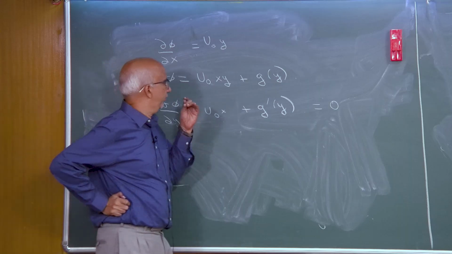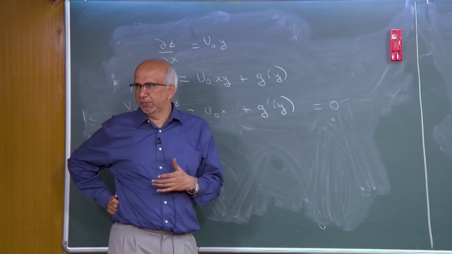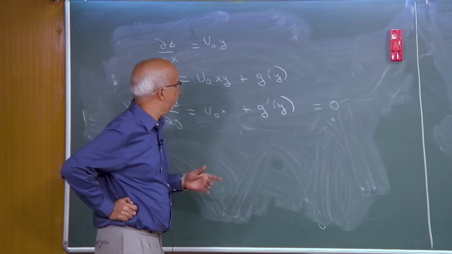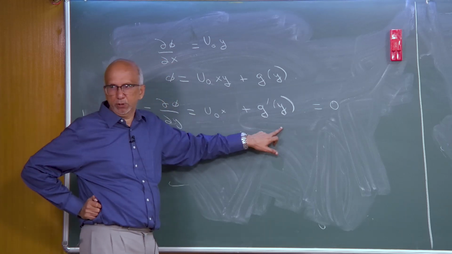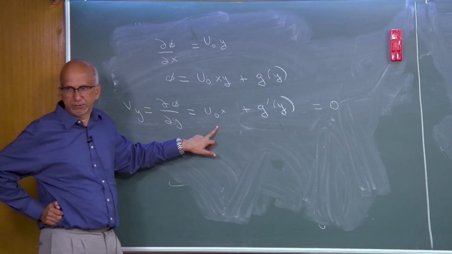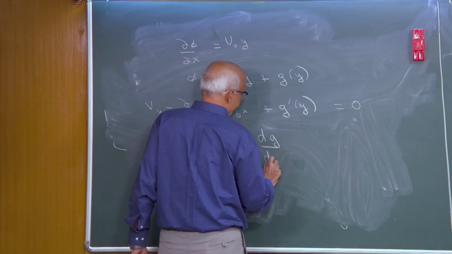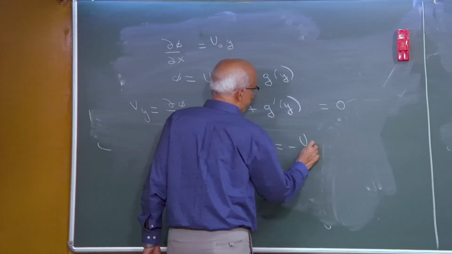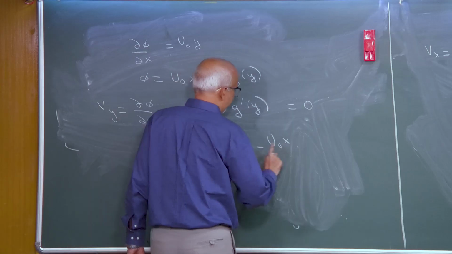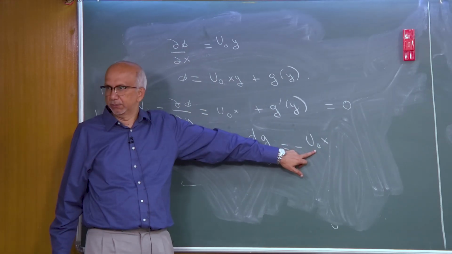So, you have something like a contradiction here, okay. You cannot find what this g dash of y is here, because this is a function of y, while the other term here is a function of x, okay. So, you can't really calculate dg by dy as minus u naught x, and this is a function only of y, this is a function of x, right.